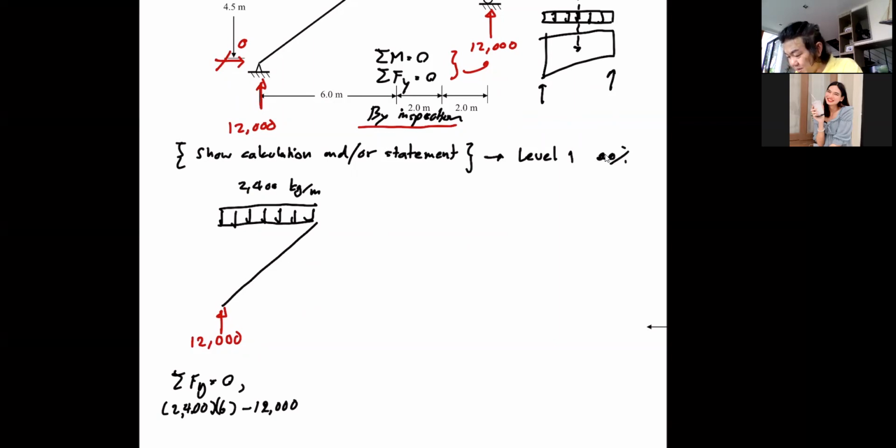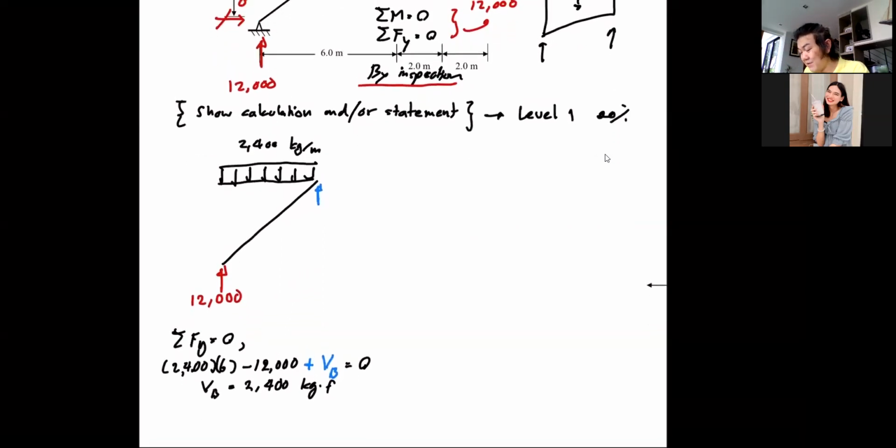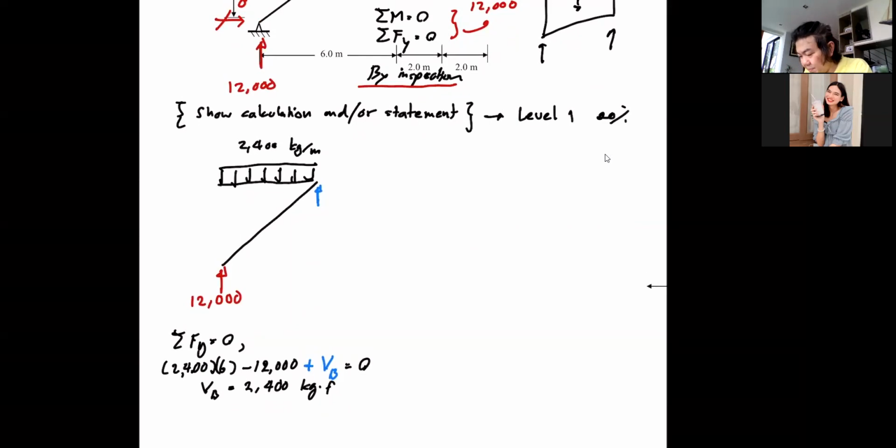This better be upward, right? Plus the call it VB, equal to 0. So now you know your VB is going to be equal to 2400 kilogram force.